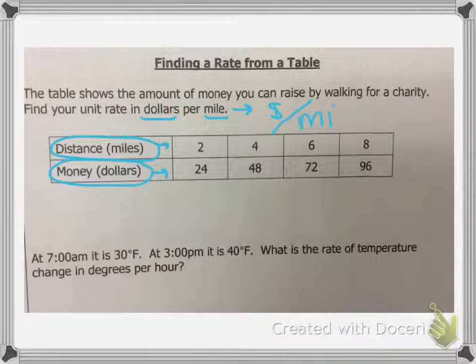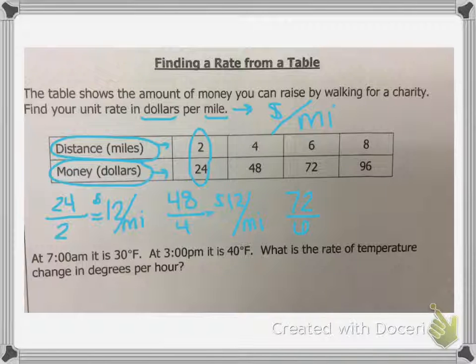So for each one, if I take the dollars, let's start with $24 and divide it by the miles, 24 divided by 2 is $12 per mile. Same thing with 48 divided by 4, that still gives us $12 per mile. 72 divided by 6 again gives us $12 per mile.